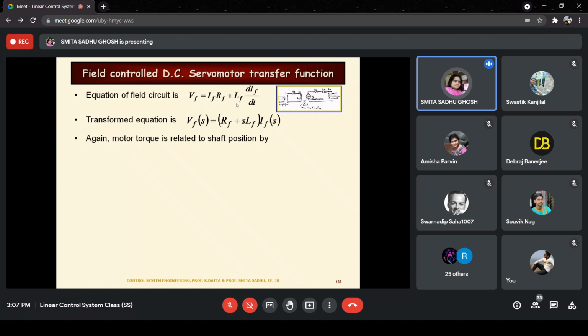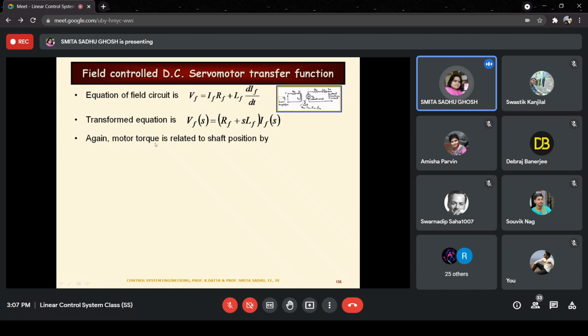So we proceeded in one direction. One direction means that on the input side, we have got the field circuit relation. Also, we've got a relation between the torque and the field current. That much is done. So the only thing left now is to relate the torque to the output shaft position, right? Can you tell me what would be the relation?